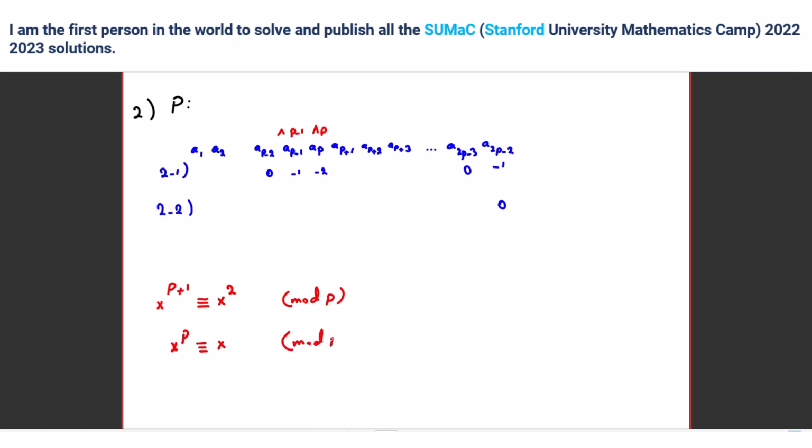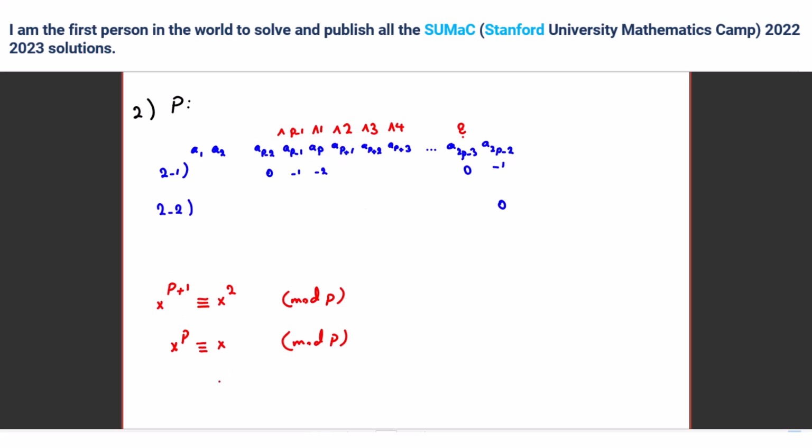So instead of mod p here, you can say raise to the power of 1, right? Here, raise to the power of 2. Here, 3. Raise to the power of 4. Can you tell me this one is equivalent to raise to the power of what? Look, for example, this one is raise to the power of p plus 1.